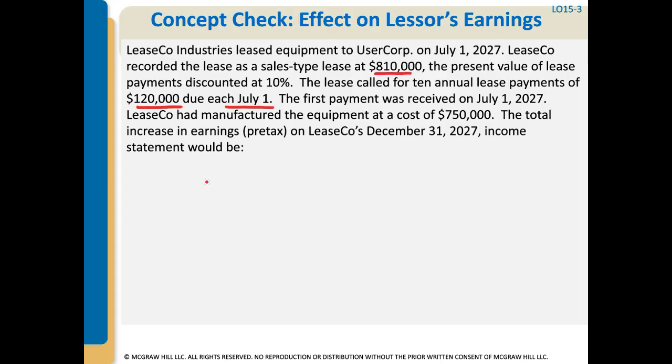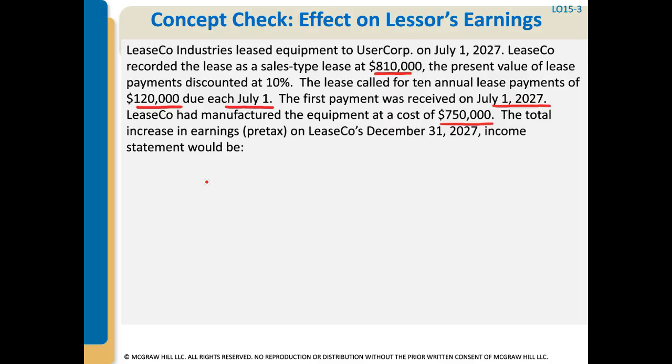The first payment was received on July 1, 2027, which is when the lease began. Leaseco had manufactured the equipment at a cost of $750,000, and we need to calculate what the impact would be on Leaseco's December 31, 2027 income statement.